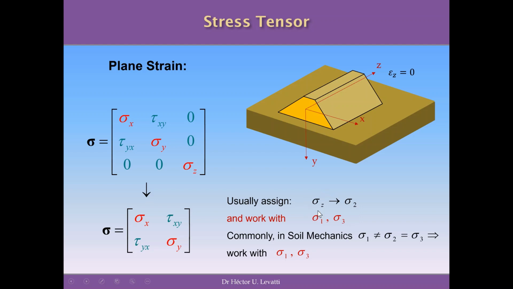In geotechnical engineering, we usually say that sigma z corresponds to sigma 2, and we work only with sigma 1 and sigma 3, which are the greatest and the smallest. Commonly in soil mechanics, sigma 1 is different from sigma 2, but sigma 2 is equal to sigma 3. These are the principal stresses, remember. So we usually work in geotechnical engineering with sigma 1 and sigma 3. But this is again conventional, so you have to check in every book you read if this is the convention they are following or if there is any other convention in the way they work with the equations.